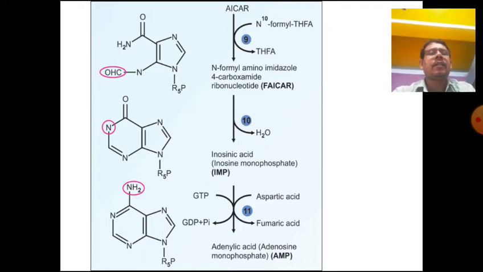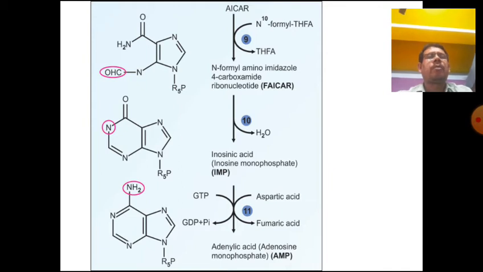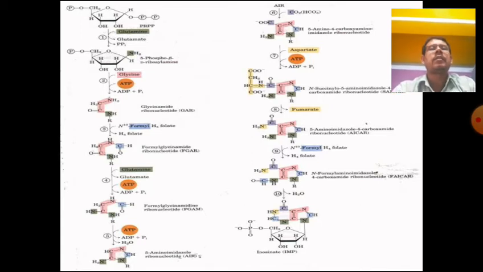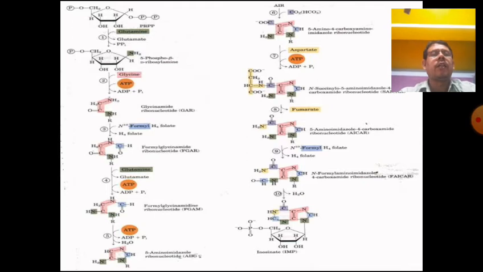Then aspartic acid leads to the formation of adenylic acid, or adenosine monophosphate, AMP, the first compound for purine synthesis. Then it is converted into deoxyribonucleic acid and ribonucleic acid. And this is the schematic representation of how the purine nucleotide, inosine, forms from ribose 5-phosphate to inosine monophosphate.